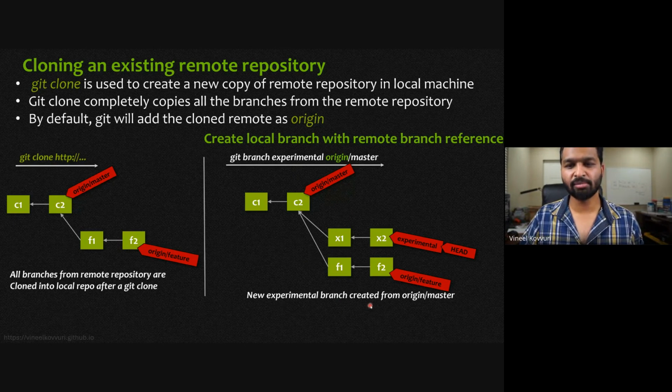So the new experimental branch will be created from origin/master. Apparently, this picture is not very accurate because I not only created a branch, but I also happen to work on 2 commits after that. So don't take it literally, but ideally this experimental tag should be here. Okay, this is basically where I worked on 2 commits.